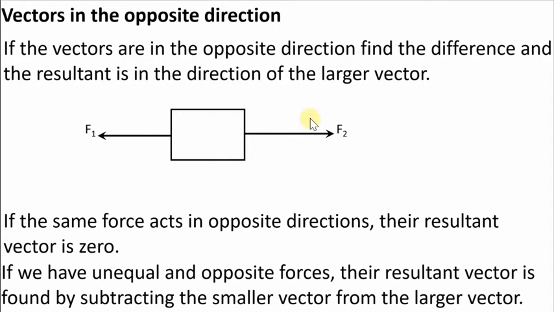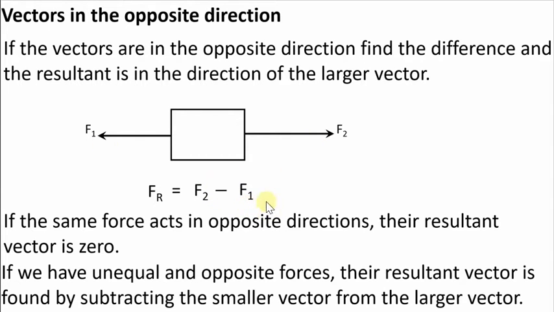Now, since they are not the same, they are acting in opposite direction, meaning that their magnitude will be different, but it will be found by getting the subtraction of the smaller vector from the larger vector. That's what we are saying here. So the formula would be like the resultant vector FR, resultant force, it is going to be the larger vector, which is F2, minus the smaller vector, which is F1.